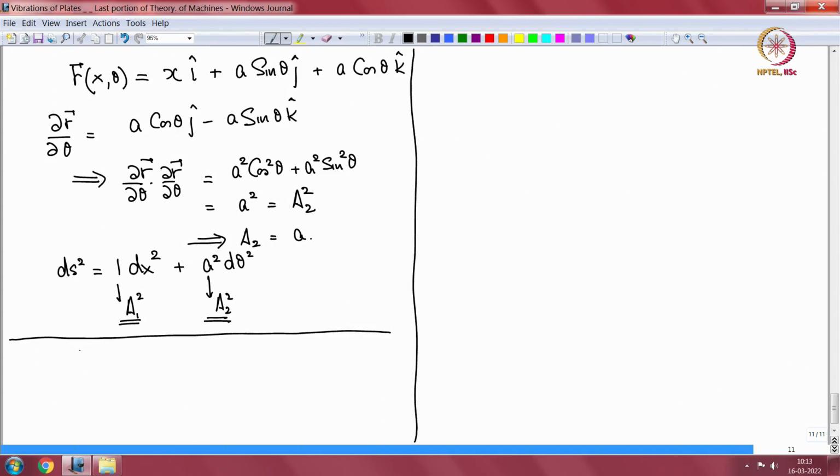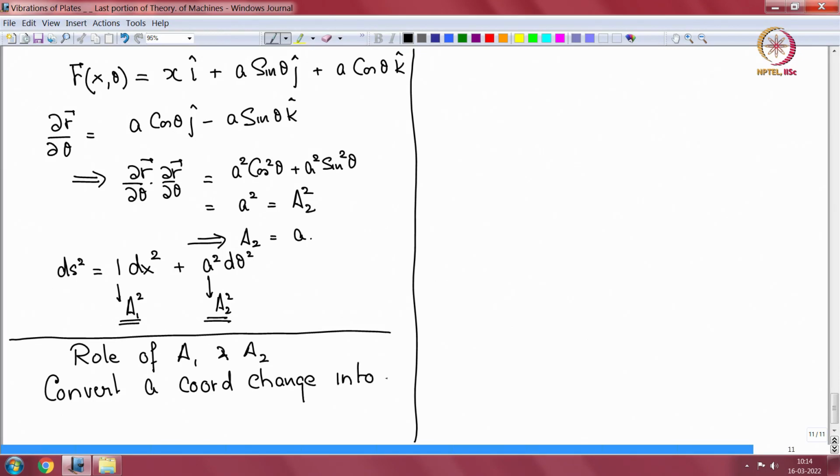The role of A1 and A2 is to convert a coordinate change into a length change, into a change in length.